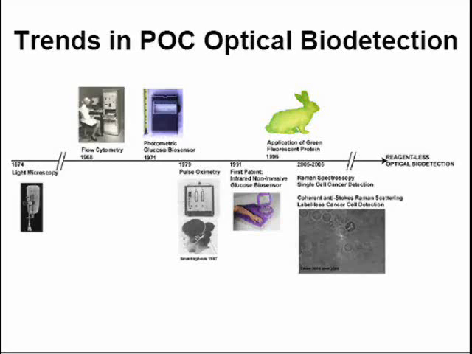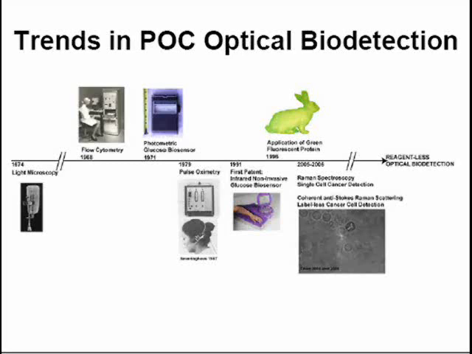In 1996, we have application of green fluorescent protein, which has driven various areas of biology, but also in the field of flow cytometry, where these proteins could serve as markers for cell sorting and so forth. In 2005 and 2006, we have publications that report the use of Raman spectroscopy, which has been around for quite some time, as well as coherent anti-Stokes Raman scattering, or CARS, to look at cancer cells.